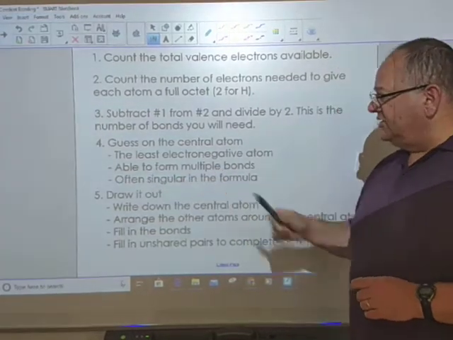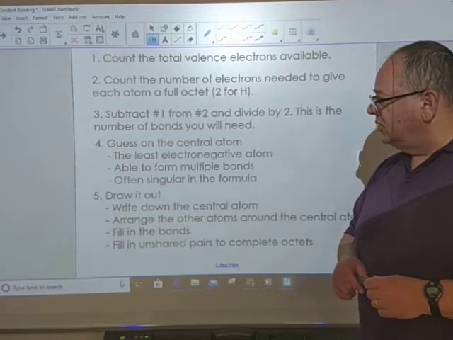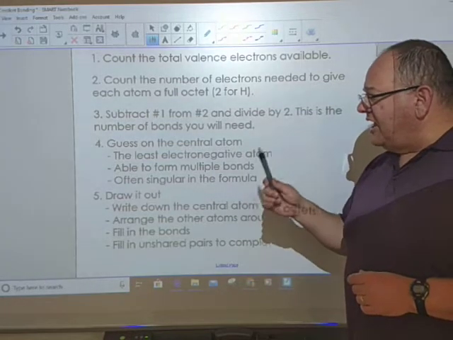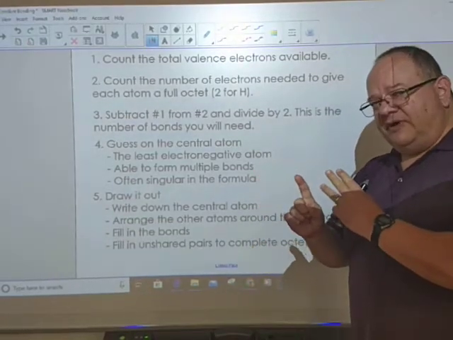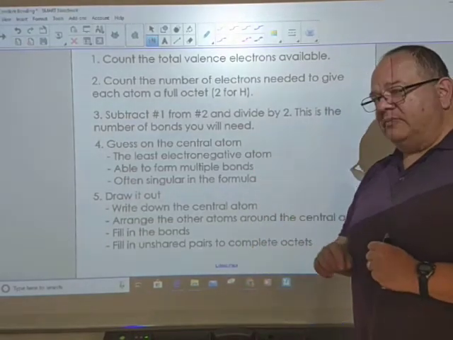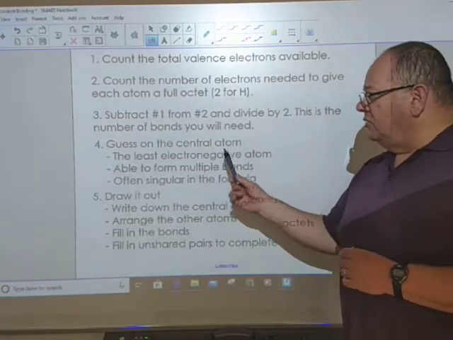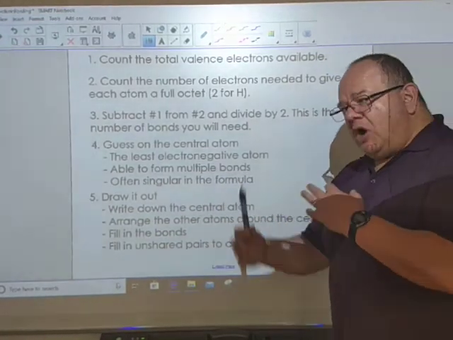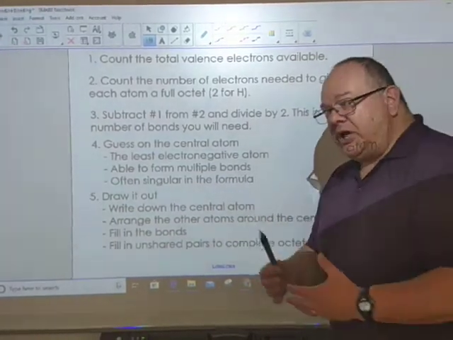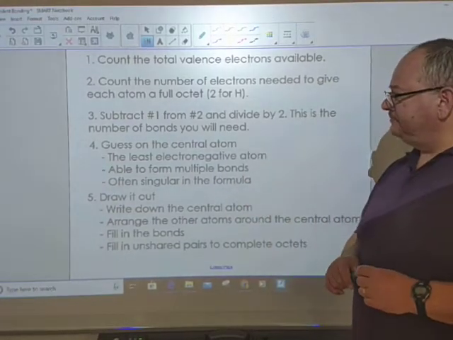You also would like to look for an atom that looks like it can form multiple bonds. And if I have a formula where there's one atom bonded to multiples of a different atom, the singular atom is usually the central atom. Now, if you can apply 2 out of 3 of those, or 3 out of 3 of those, that's telling you what your central atom is.